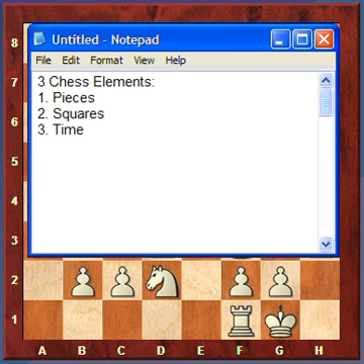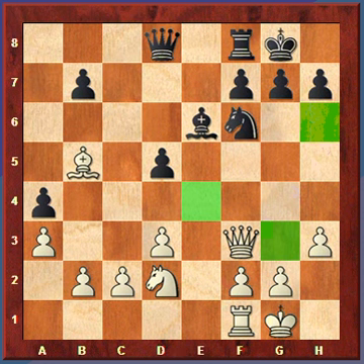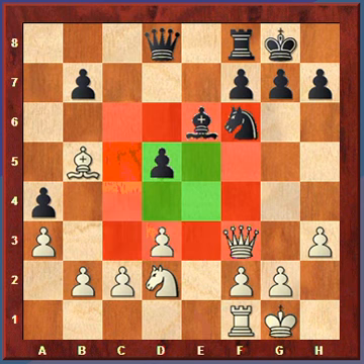Getting back to this, two, there's the squares. Each one of these squares here, any one that I highlight, there's 64 squares, but not all the squares are created equal. We already know that the center squares have a high degree of value, and then by extension these squares have probably the next highest degree of value.